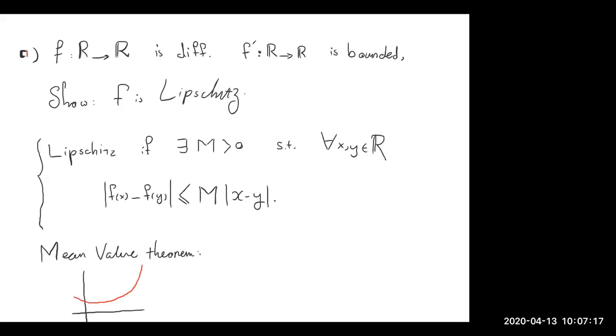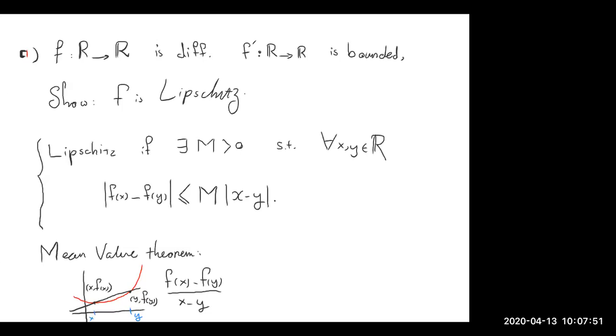If you take two points, x and y, this quantity, f of x minus f of y over x minus y, is the slope of the line passing through the points x, f of x and y, f of y.